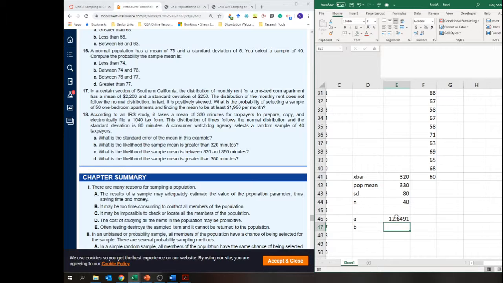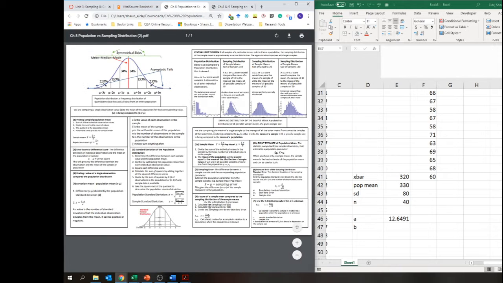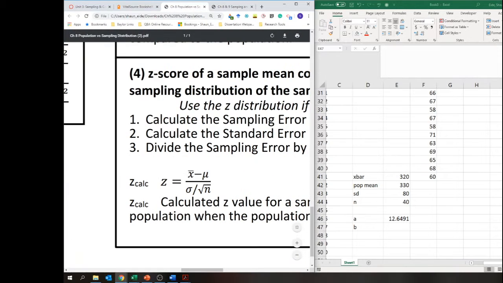So now what we're going to do is go back here and zoom in for the Z calc.